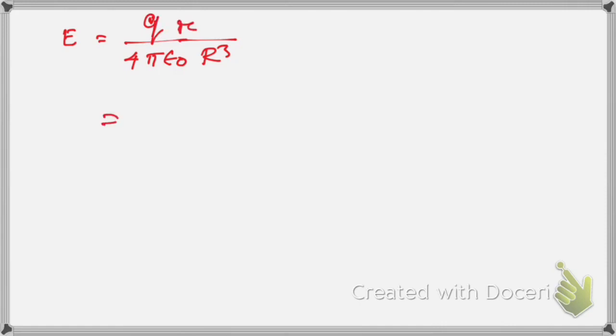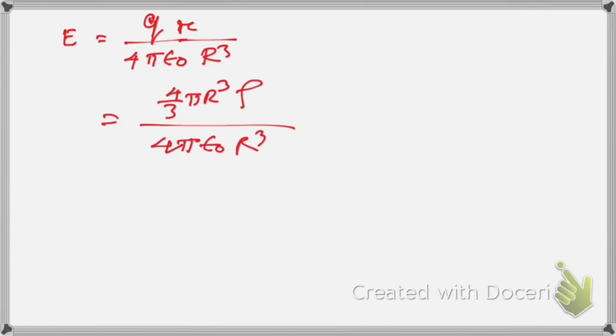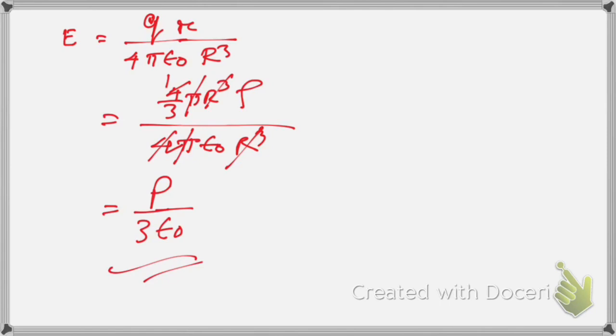Now let us replace the Q by 4 by 3 pi capital R cube into rho. Here R cube gone, pi gone, then 4 also gone. So what we have got is 1 by 3 epsilon naught, and here we have rho. So this is the result we're going to get.